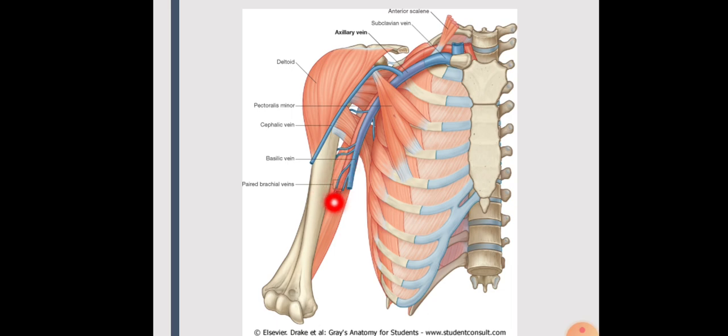The brachial veins, or venae comitantes of the brachial artery, join at the lower border of teres major to form the axillary vein. And the axillary vein terminates at the outer border of the first rib to form the subclavian vein. Okay?